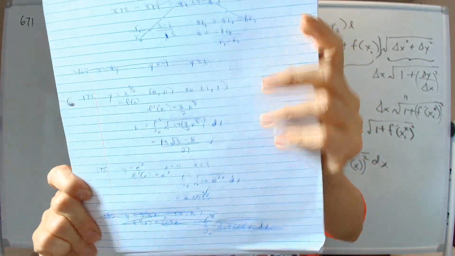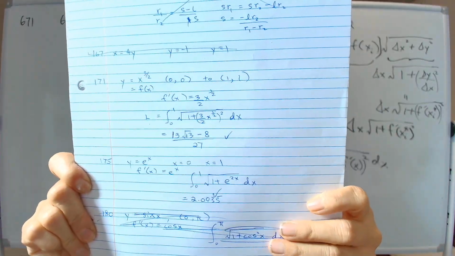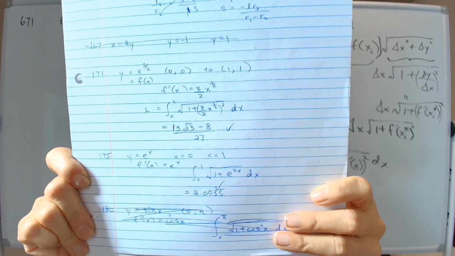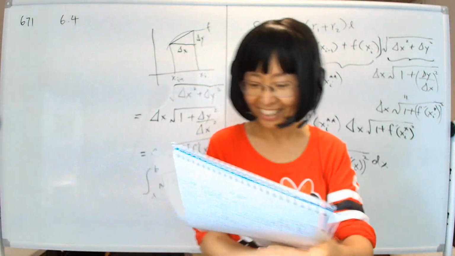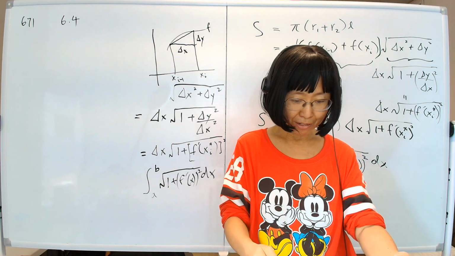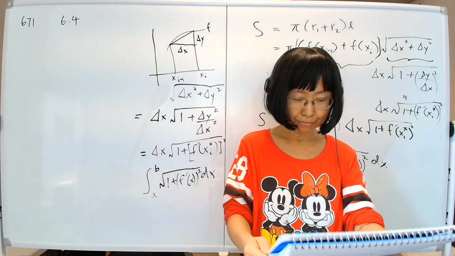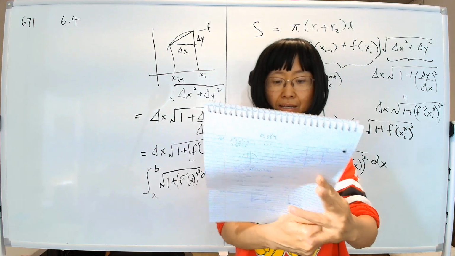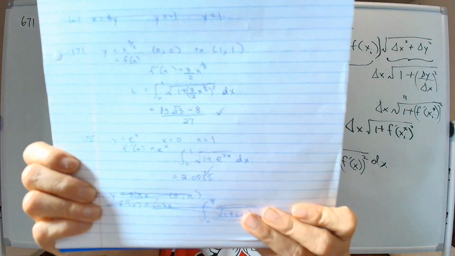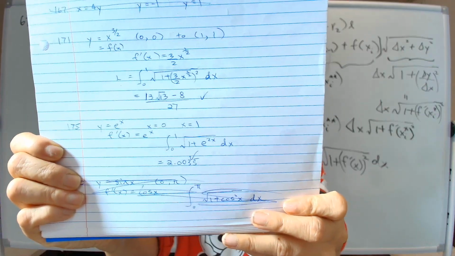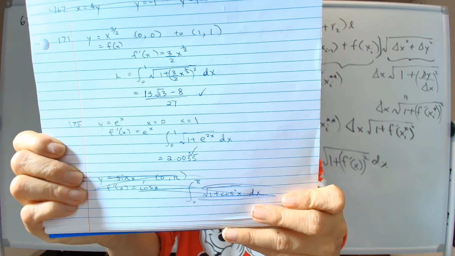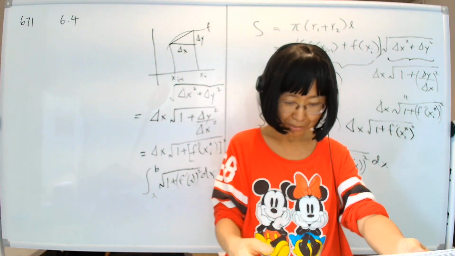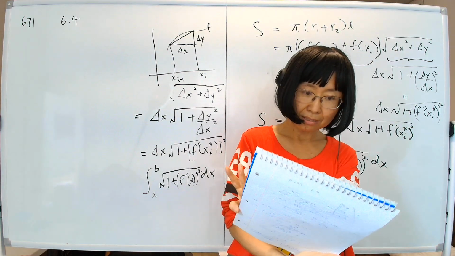I integrated with respect to x and then plugged it into the calculator, and out pops that answer, which turns out to be right, according to the back of the book. And next, problem 175, same thing. I wrote down the problem and then plugged it into the calculator, and out pops the result. You see, it's a one-line answer. Very, very quick.